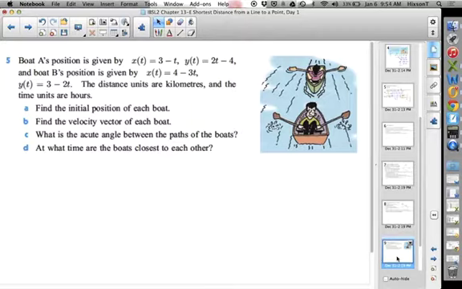Well, that would be one thing, if they're going to be closest together if they collide with one another. But my assumption is that if you did that, you'd probably get a negative t. So you'll need to look at the paths.